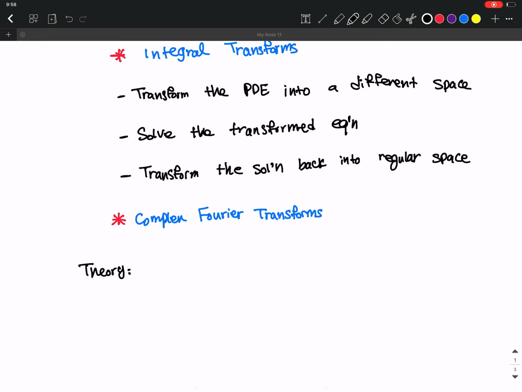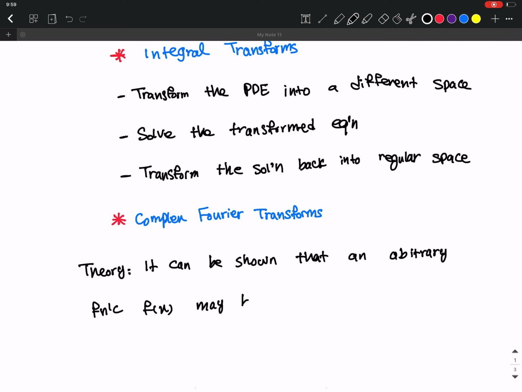Okay, so it can be shown that an arbitrary function f(x) may be represented in the infinite interval of x between minus infinity and infinity in the following form.